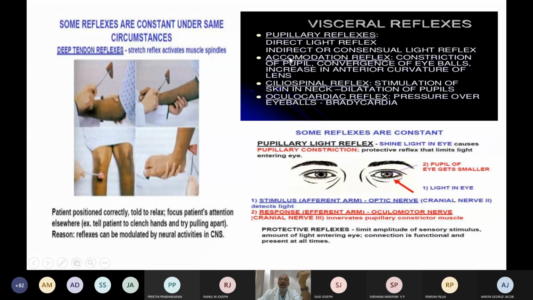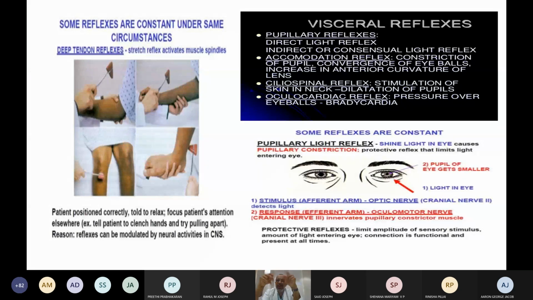You are going to have another reflex called accommodation reflex. He is going to keep both the eyes open and you are going to bring an object, such as the tip of the index finger, in front of the nose, and he is asked to fix the gaze on the tip of the index finger. What will happen?